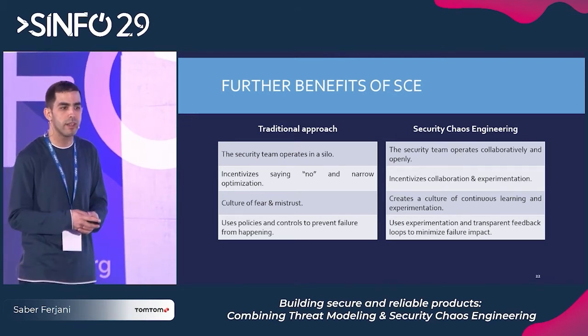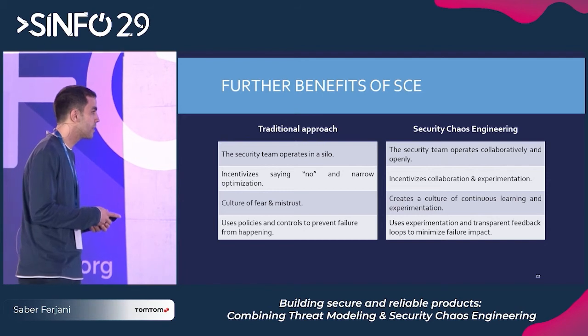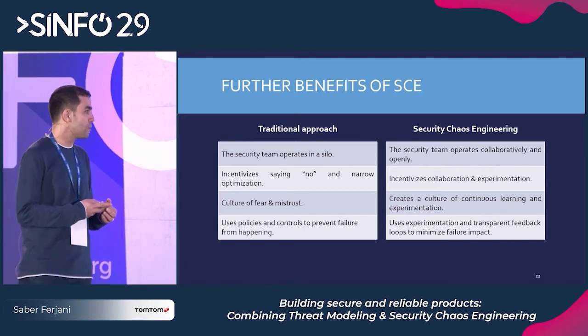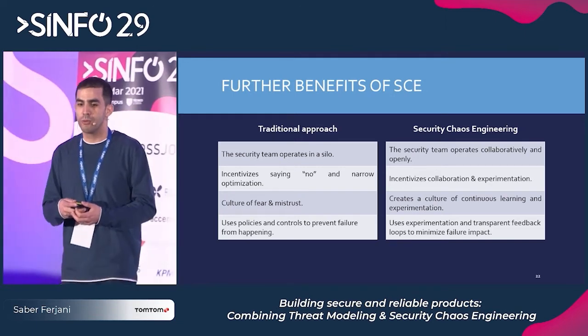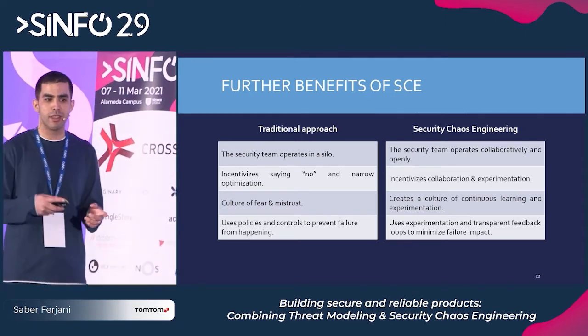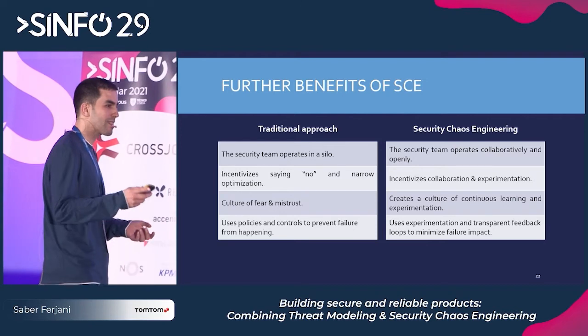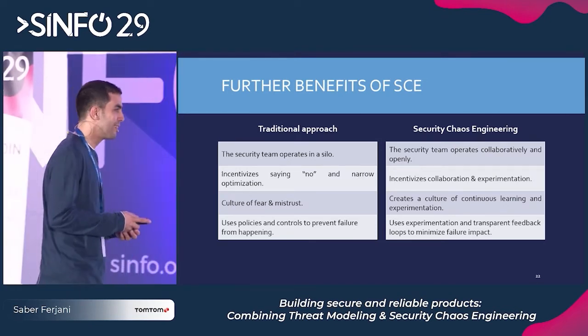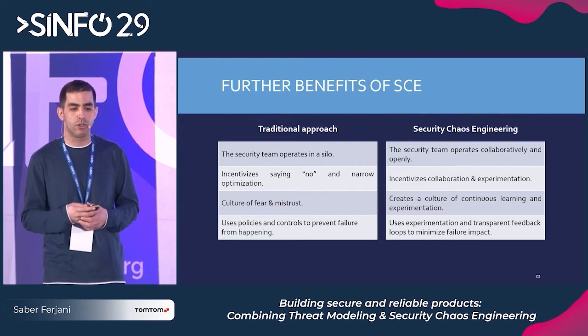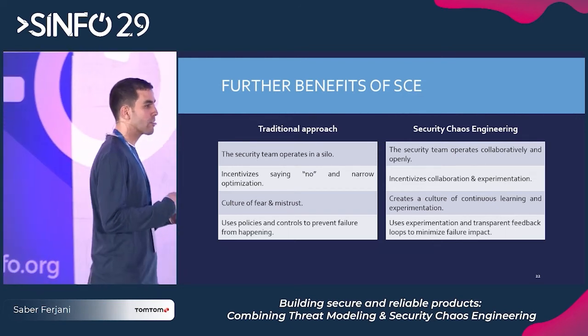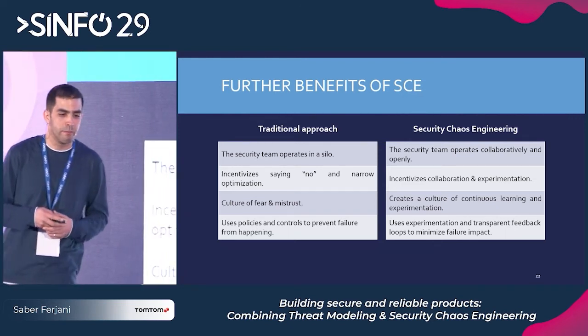Everyone is involved in the experiment, everyone will learn from it. Also, in the traditional approach, security is known as the department of no. We never approve anything. Don't do this, don't do that. So people are more scared to even talk to security people. But in security chaos engineering, we actually incentivize collaboration, and we also incentivize experimentation.